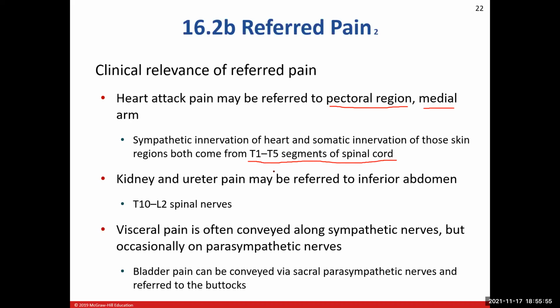Kidney stones. Quite often when people complain of kidney stones, and that includes ureter pain because the kidney stone has to travel down through the ureter, they'll complain of pain in the inferior portion of their abdomen, but specifically in their back. So a lot of times people will complain of having low back pain.